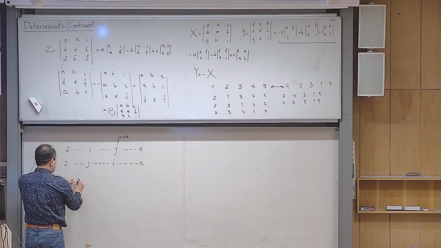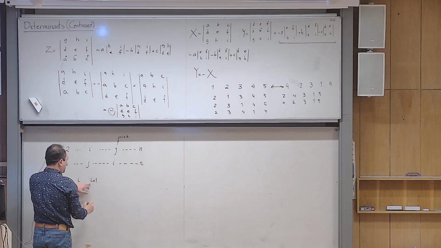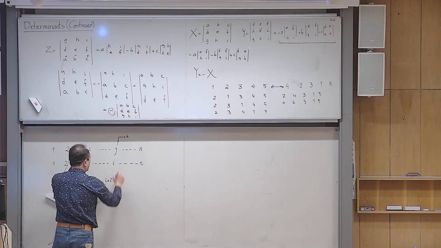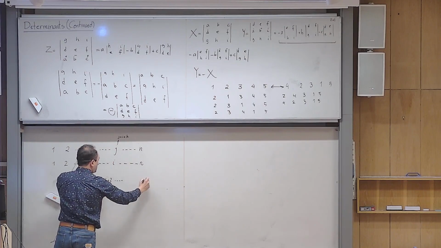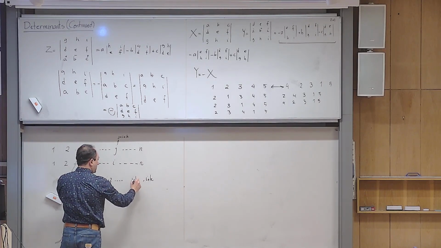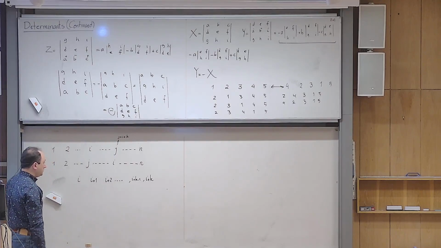The first number is I, the second number is I plus 1, the next one is I plus 2, and then you continue. When you reach J, you have reached I plus k. What is the previous one? It is I plus k minus 1.